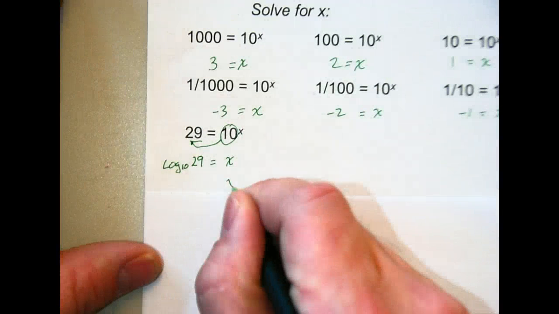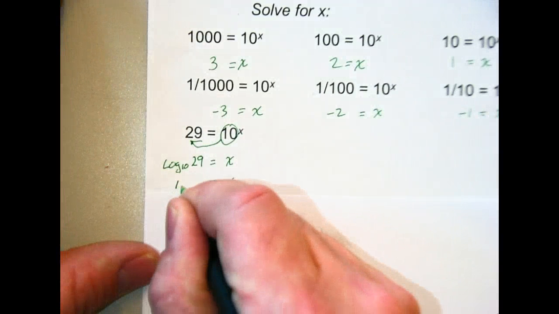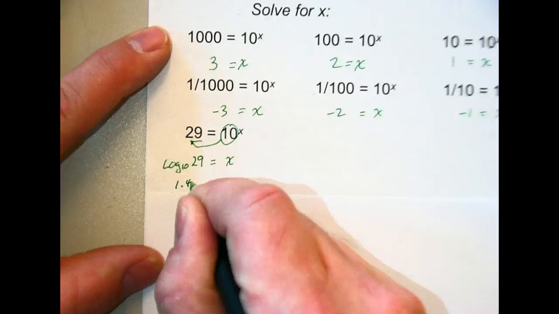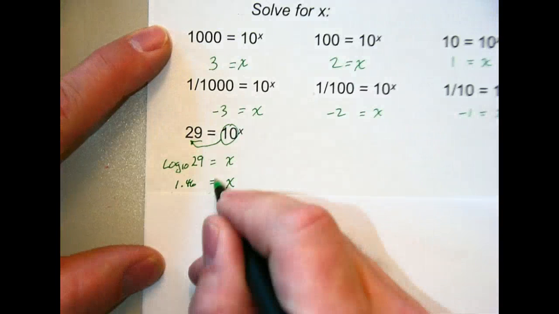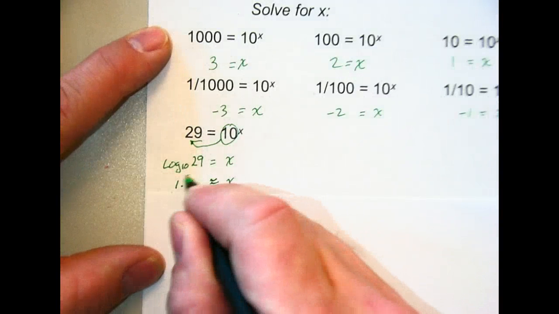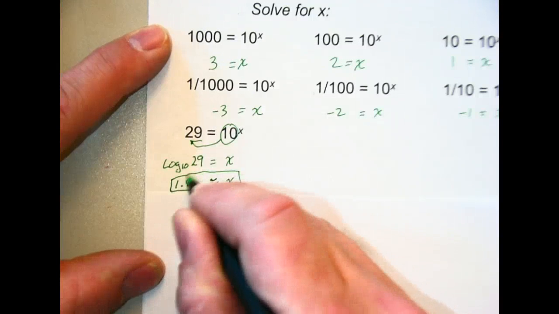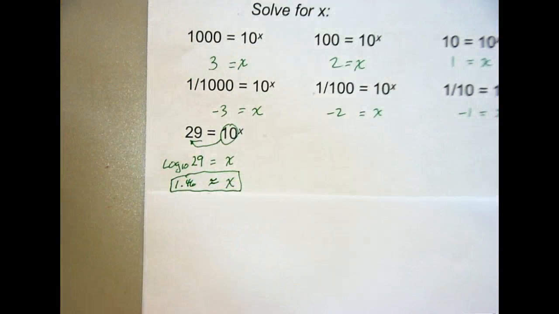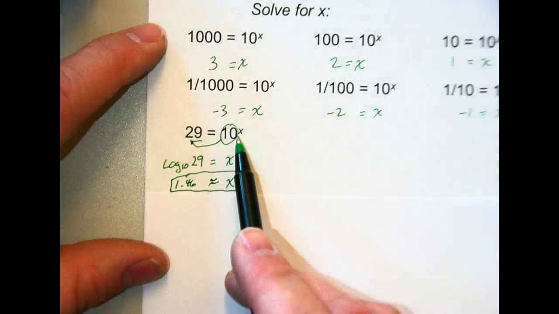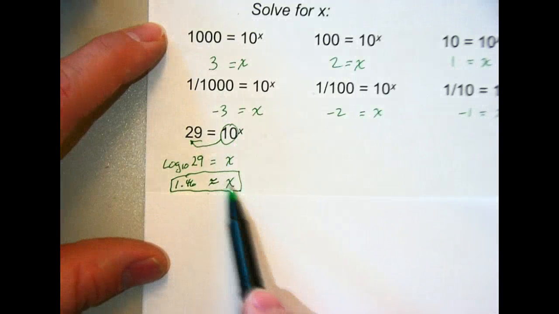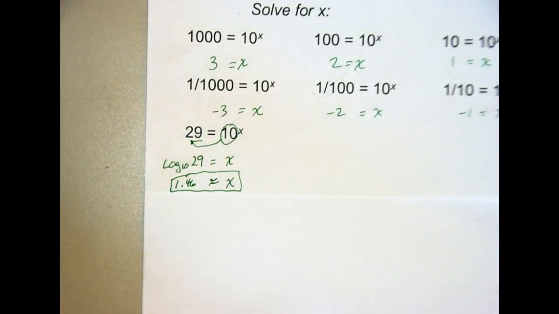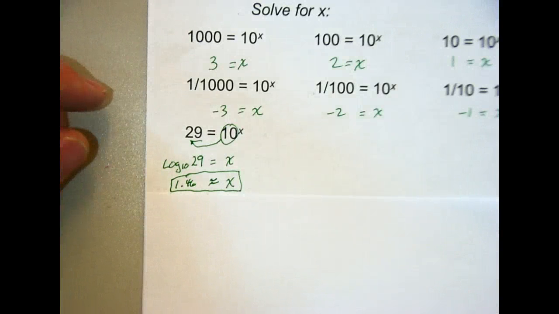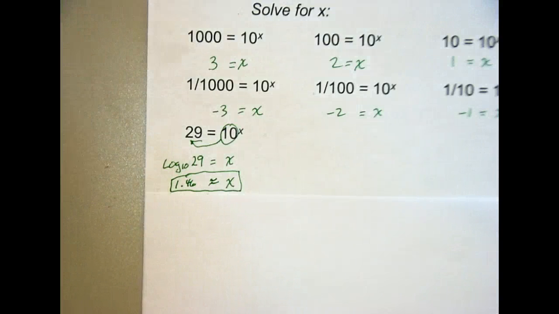What is the log of 29? 1.46. Okay, so it's approximately that, rounded. So about 1.46 is what x is. If you took 10 to the 1.46 power, you should get about 29 because you're rounding it off. It's going to probably be a little less than that. That's how logs work.